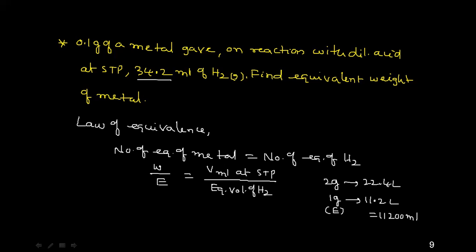So we know the mass of the metal, we know the volume of hydrogen gas given, that is 34.2 ml, and the equivalent volume is 11,200. So from this we can get the value. What is the weight given? 0.1 divided by the equivalent weight, which we have to find out, is equal to the volume in ml, 34.2 ml, divided by the equivalent volume of hydrogen, 11,200.